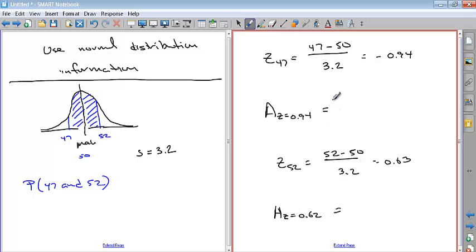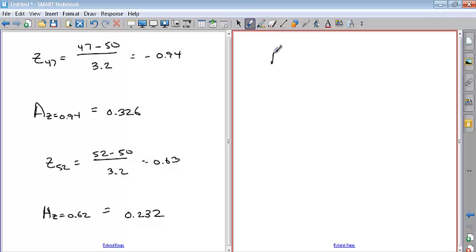So the area associated with the z-score of 0.94 is 0.326. And the area associated with 0.62 is 0.232. And so the total area is going to be equal to 0.326 plus 0.232.